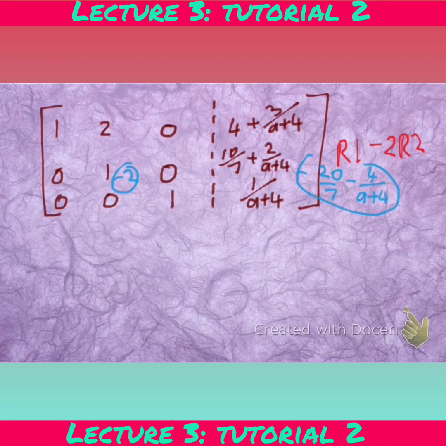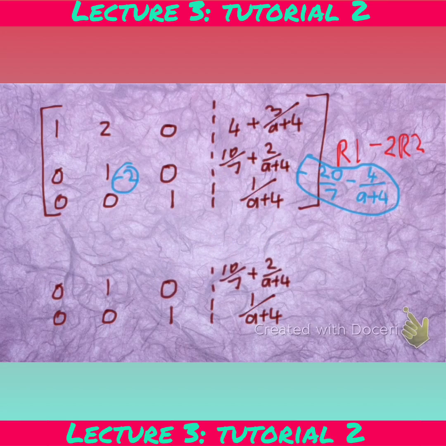Now I'm going to add that to the first row. So I get a new matrix. The last row is still the same, and the second row is also going to stay the same. It's only the first row that's going to change.